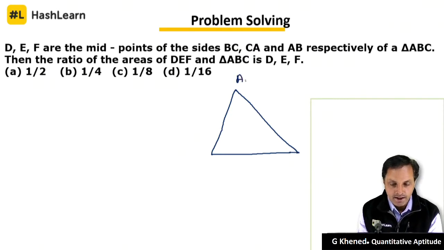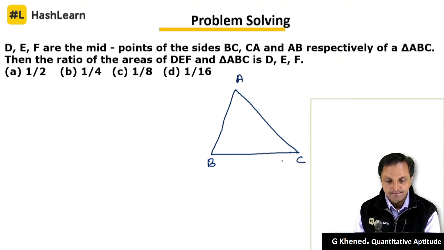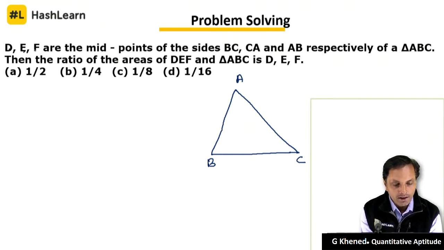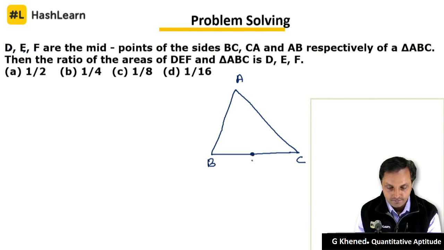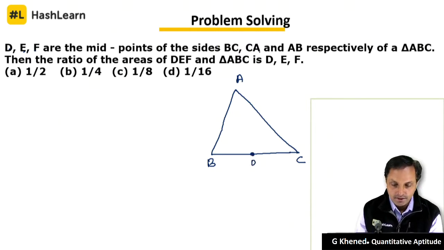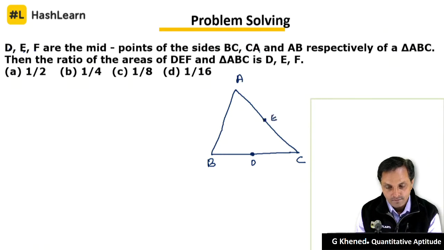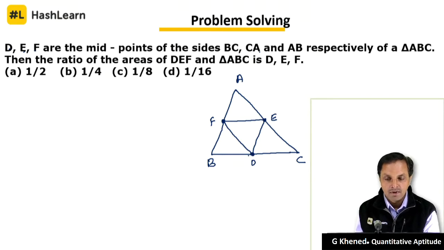This is A, this is B and this is C. D is the midpoint of BC, E is the midpoint of CA, F is the midpoint of AB. Then find the ratio of the areas of DEF and ABC.